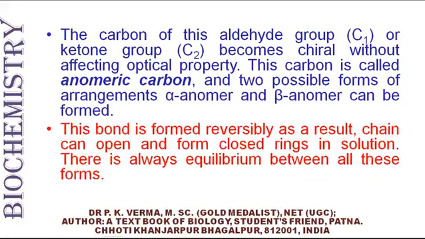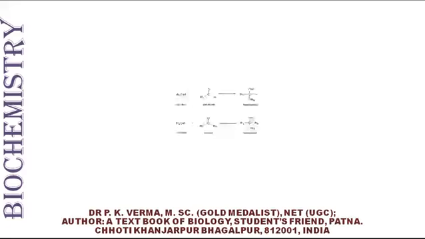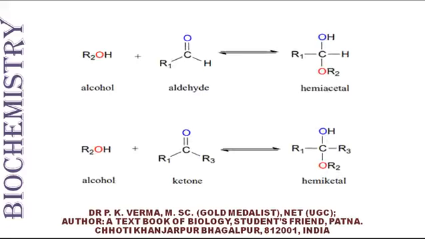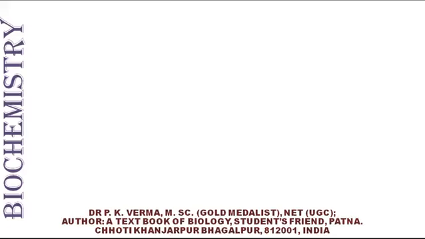As a result, the chain can open and form a closed ring in solution. There is always equilibrium between the straight chain and the closed ring structures. Now see how alcohol and aldehyde form the hemiacetal. Alcohol and ketone form the hemiketal rings.